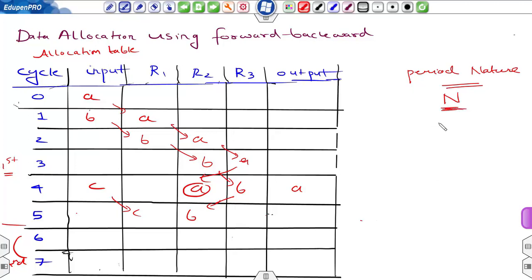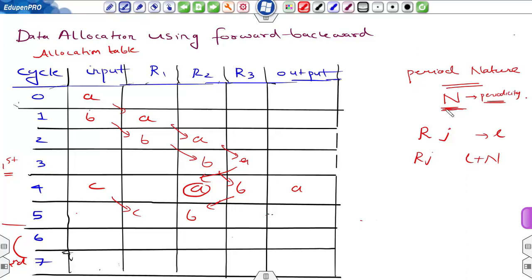because of this periodic nature, if Rj is occupied with a variable in cycle L, then Rj would be occupied with the corresponding variable in cycle L plus n also.